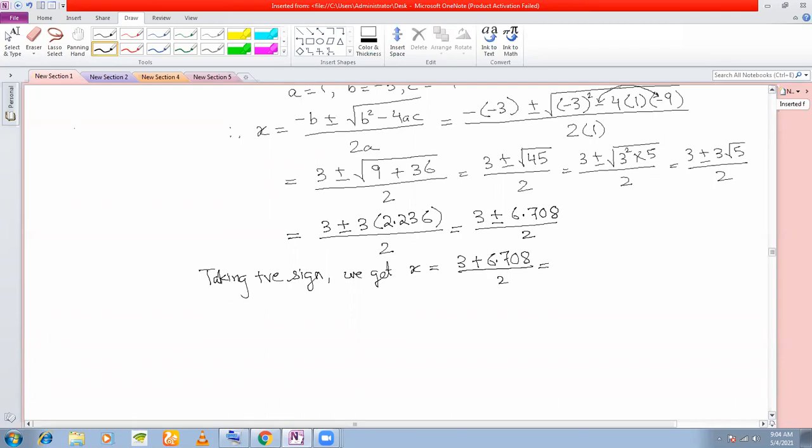So if you take the positive sign, you add 3 and 6.708, you are going to get 9.708 divided by 2, which you can now divide easily to get 4.854. Now if they have told you the answer should be in two significant figures, so here I can convert 4.85 to 4.9, correct to two significant figures.